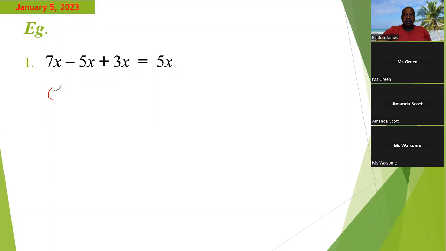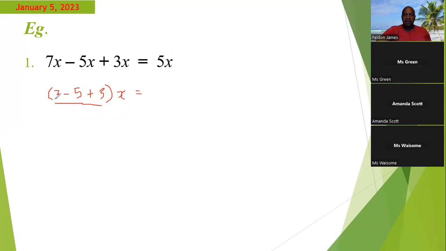So you put the 7, you put the -5, you put the +3, all the coefficients in brackets. Now, because the variable is the same, the variable would be common. So if you put the variable outside, and then focus on adding what you have in the brackets, you would add these just as integers.